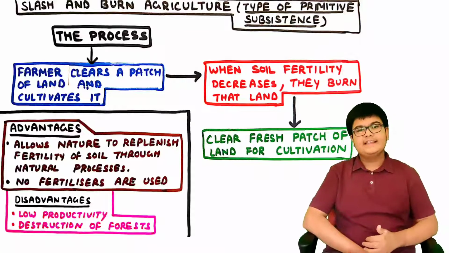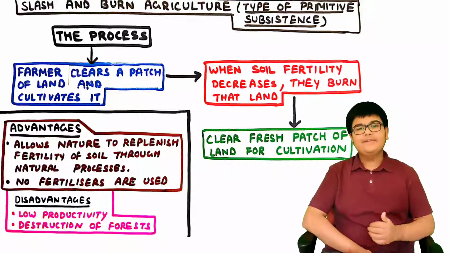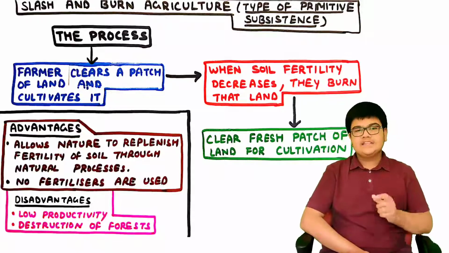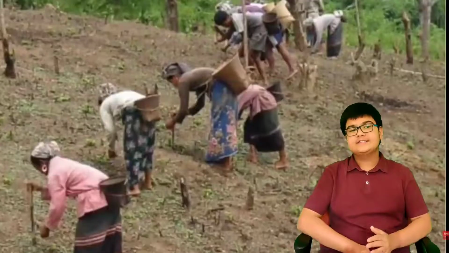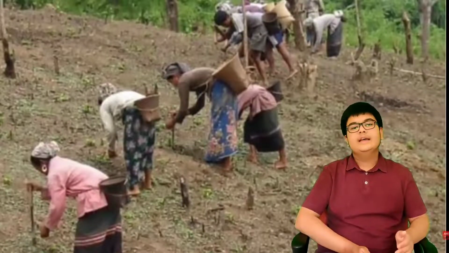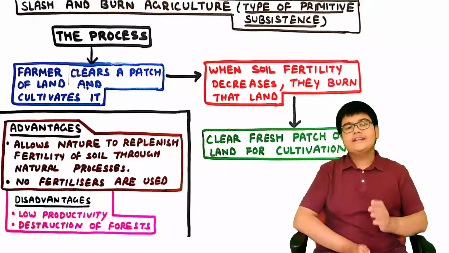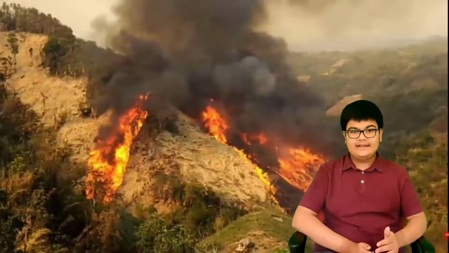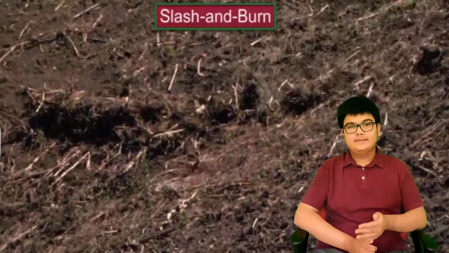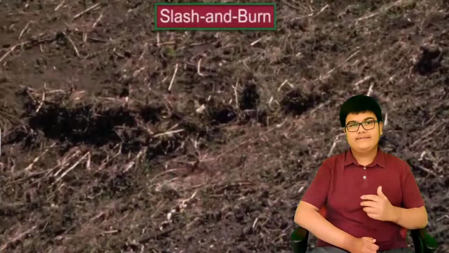So now let us study a very important type of primitive subsistence farming, that is slash and burn agriculture. So in slash and burn agriculture, the farmer first clears a patch of land and then cultivates it. Then when the soil fertility decreases, they burn that land and then they move to another patch of land and they clear the fresh patch of land for cultivation.